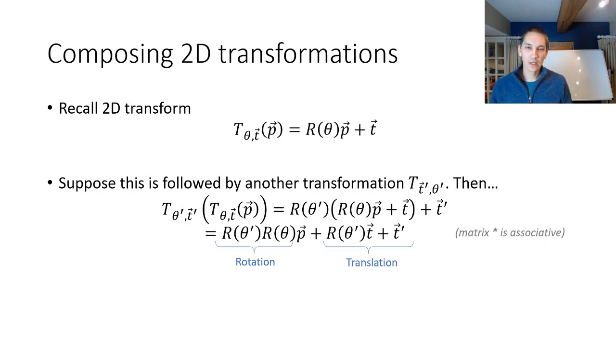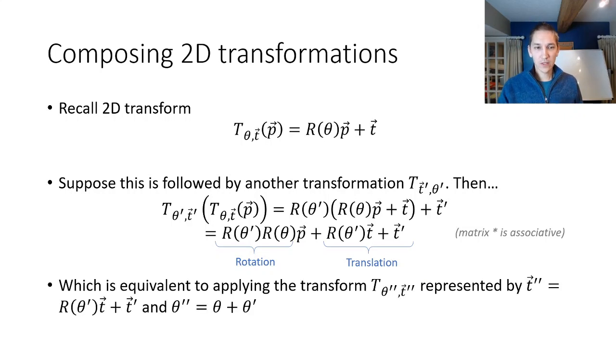Now, if we just go ahead and take the normal expressions of these transforms, we can expand them using standard linear algebra. And because matrix multiplication is associative, we can regroup these terms such that the first term is a pure rotation term multiplied by the original coordinates p, and then the second term is a translation component.